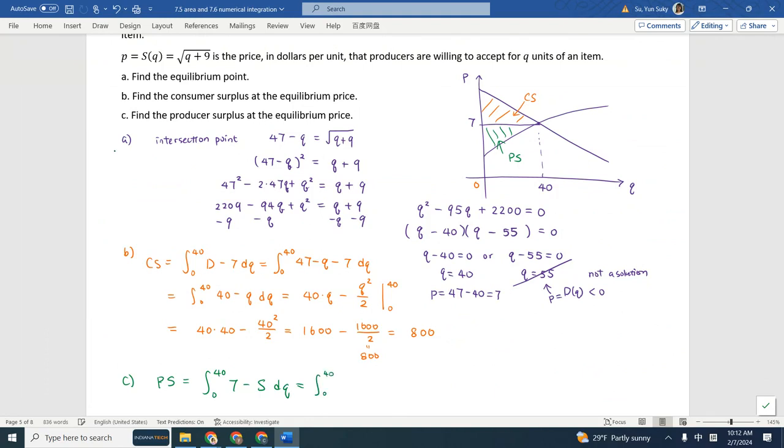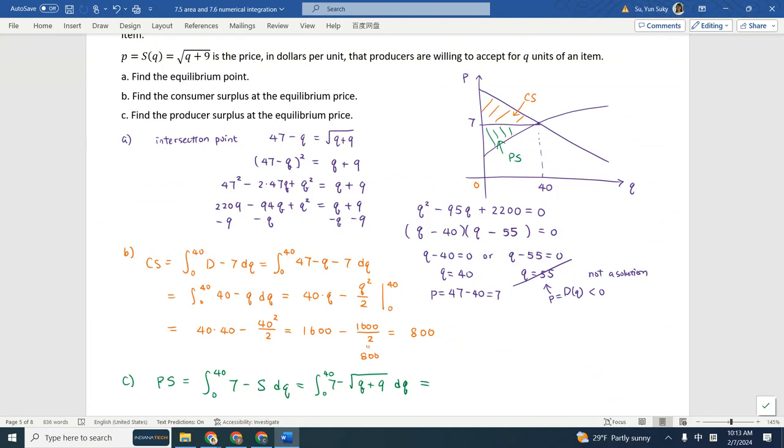And supply is square root of Q plus 9, dQ. Is that okay, everybody? Supply is that.